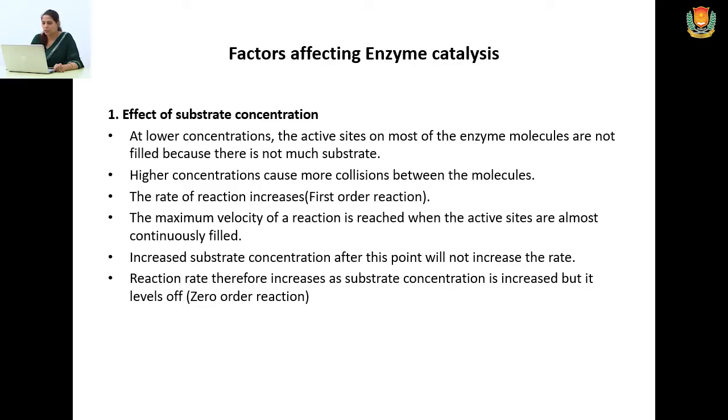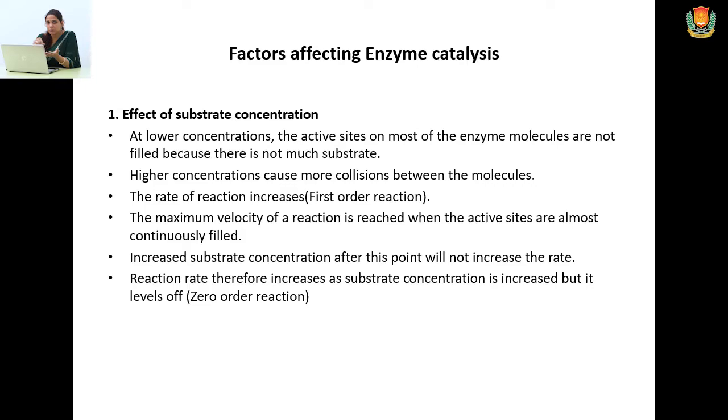Maximum velocity is reached when all the substrate binding sites on the enzyme are occupied, because there is a limiting amount of enzyme. Initially, you add some substrate and a lot of binding sites are empty.